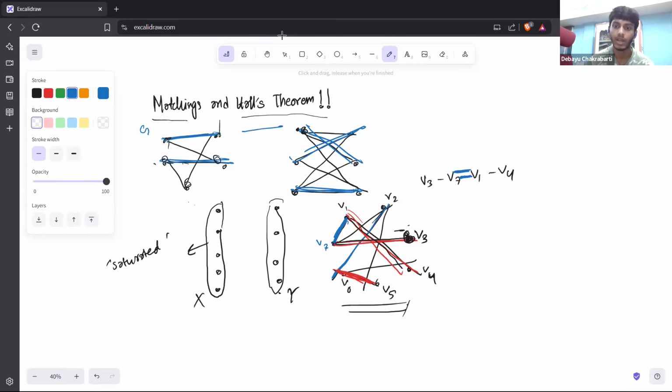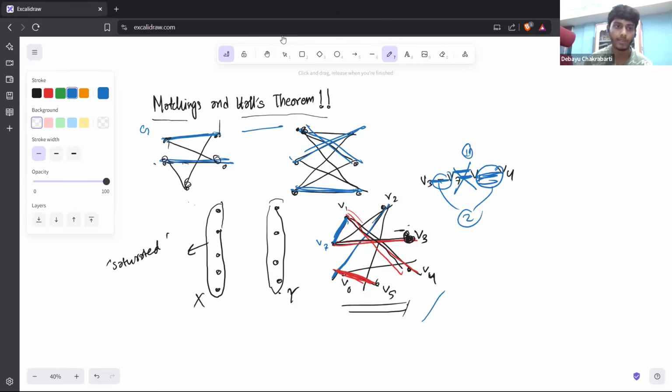These others are not colored. But you can notice that you can just swap the coloring. You could color these two blue and remove this color, and you would have a larger matching, because initially you had one edge, but now you have two edges, and this works.